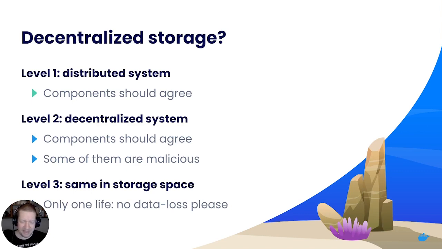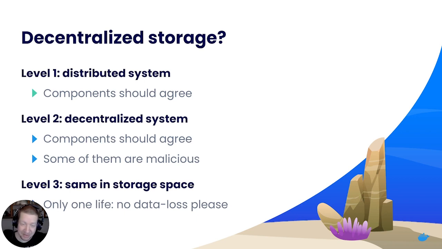We already have a lot of storage solutions, different kinds of distributed systems to store data, and it's very well known that it's not easy to create a distributed system. When we are talking about decentralized systems, it's even harder, because it's not enough that the components have a consensus about a specific state.